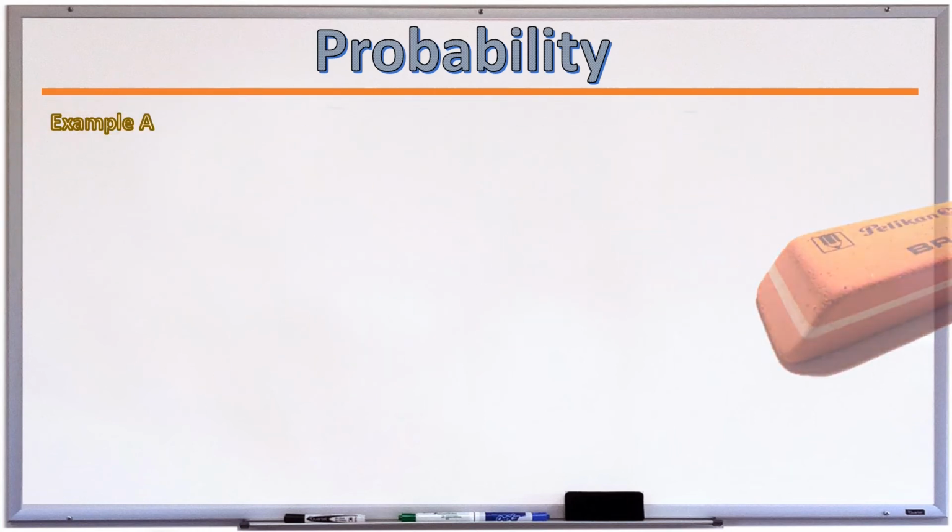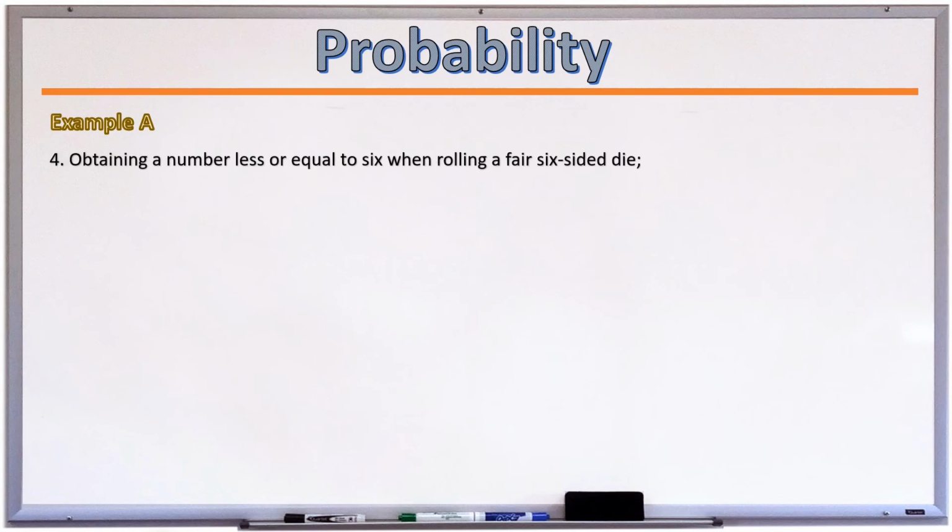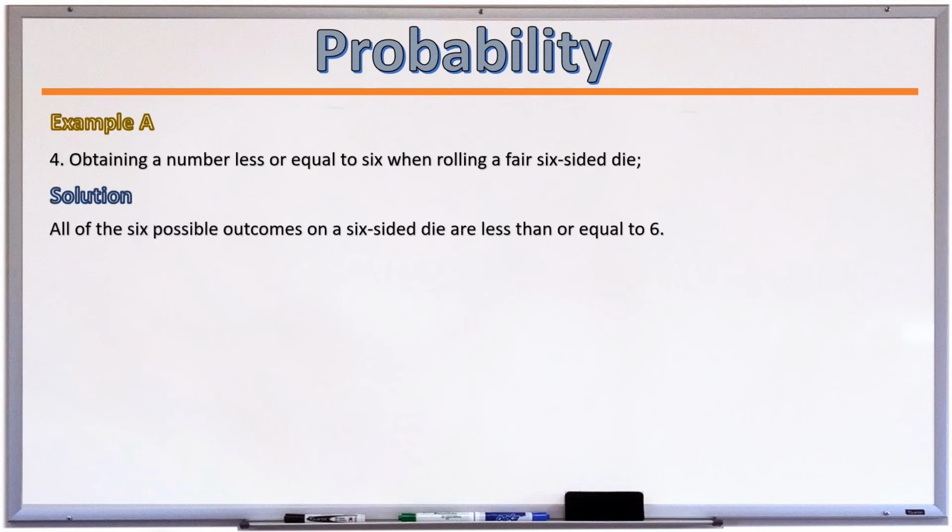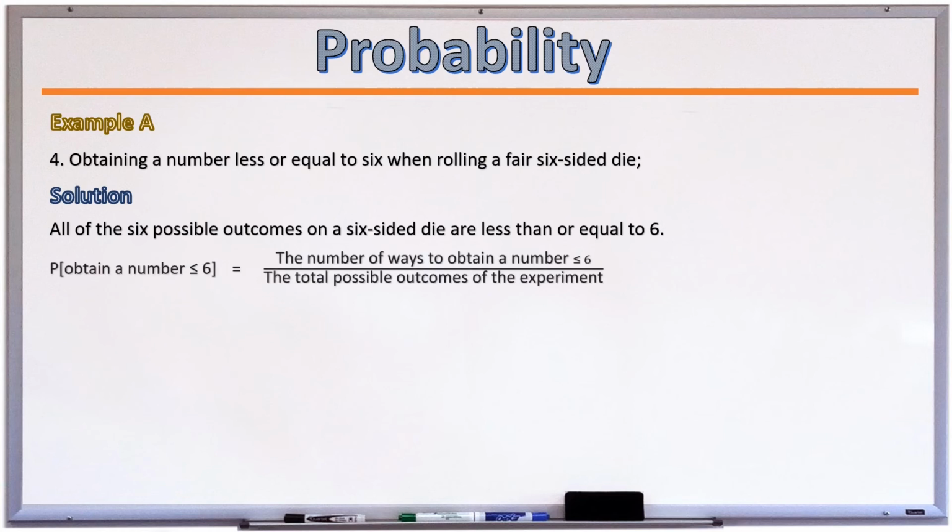Part 4. All of the 6 possible outcomes on a 6-sided die are less than or equal to 6. Therefore, this event can occur in 6 possible ways. We can either roll a 1, 2, 3, 4, 5, or a 6. The experiment of rolling a die itself also has 6 possible outcomes: 1, 2, 3, 4, 5, or 6.